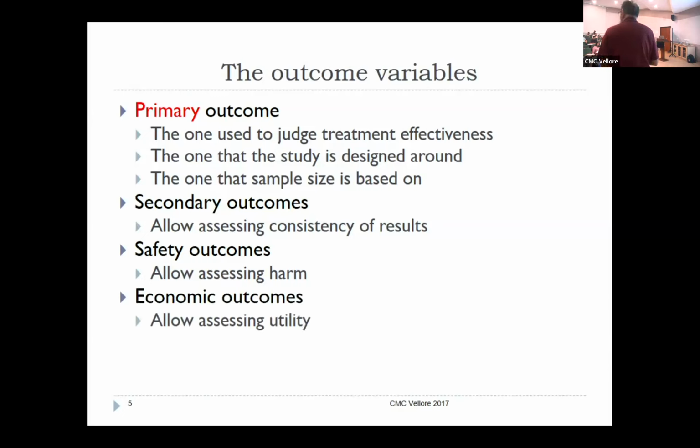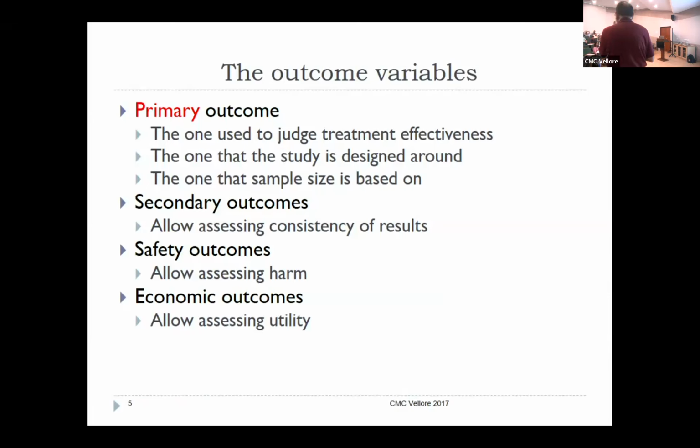Then there is, of course, the economic outcome. Again, you're going to convince people this ought to be used. But if this intervention is one of these injections that you have to take that cost $3,000 per injection, which is ridiculous, who is going to use it? Who is going to be able to afford it?